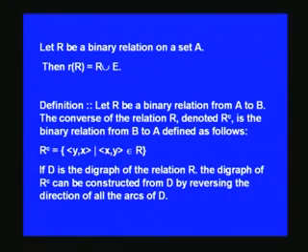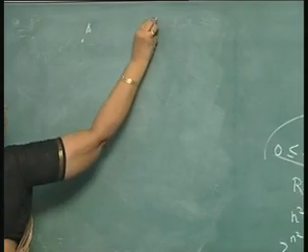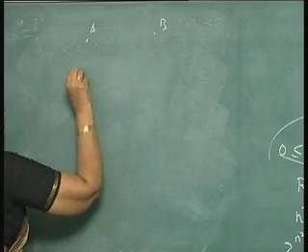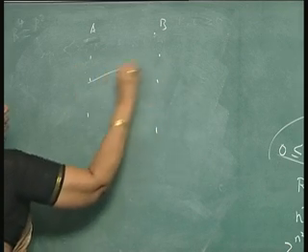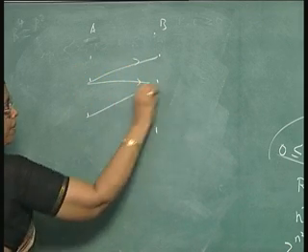If D is the digraph of the relation R, the digraph of RC can be constructed from D by reversing the direction of all the arcs of D. So, if you represent a binary relation from A to B, there are some elements here, and the binary relation can be represented like this.